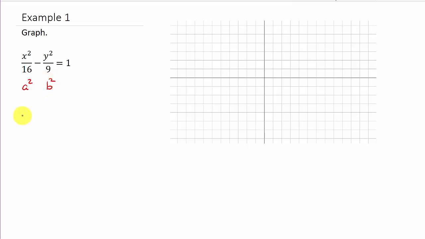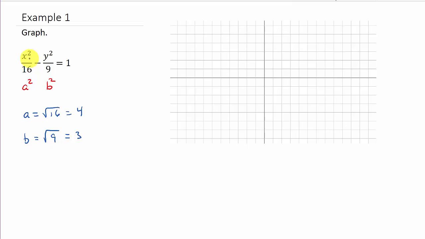So that tells us that a is equal to the square root of 16, which is 4, and b is the square root of 9, which is 3. Also, do we know which way the hyperbola is going to go, up and down or left and right? Well, we know it's going to go left and right because of the x term being first.